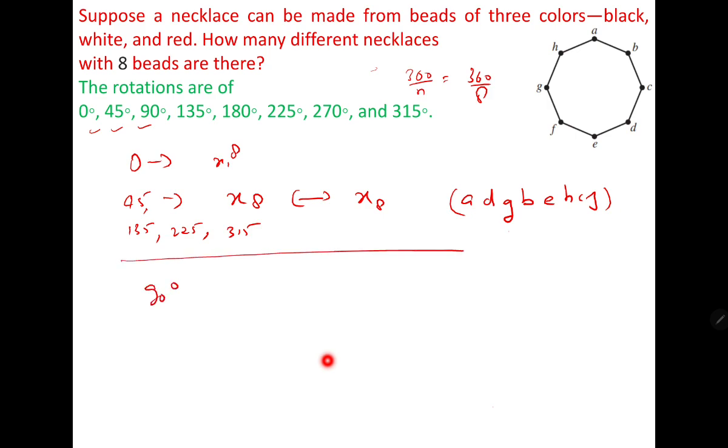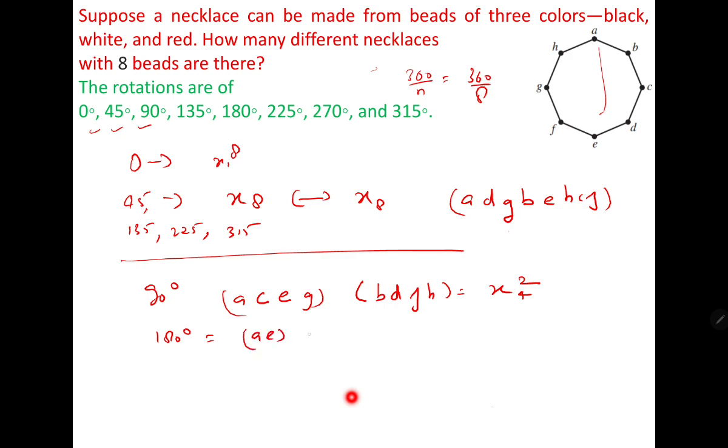Now in case of the 90-degree, you can see that A goes to C, then C goes to E, and E goes to G, and there is one more cycle of length 4. So total there are 2 cycles of length 4. Yes, in case of 180-degree, A goes to E, opposite.